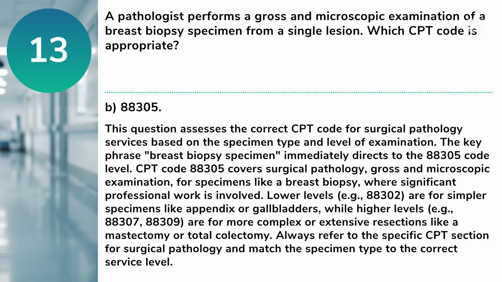Lower levels, e.g., 88302, are for simpler specimens like appendix or gallbladders, while higher levels, e.g., 88307, 88309, are for more complex or extensive resections like a mastectomy or total colectomy. Always refer to the specific CPT section for surgical pathology and match the specimen type to the correct service level.